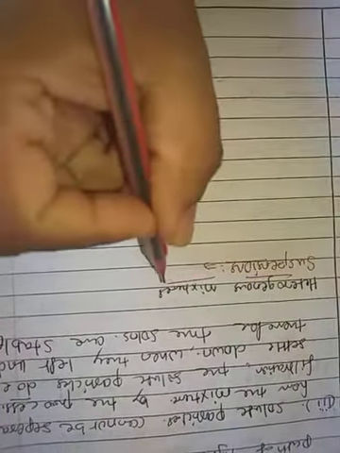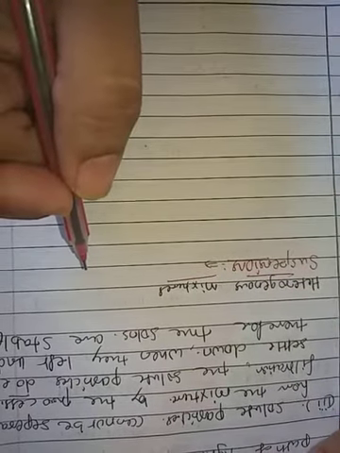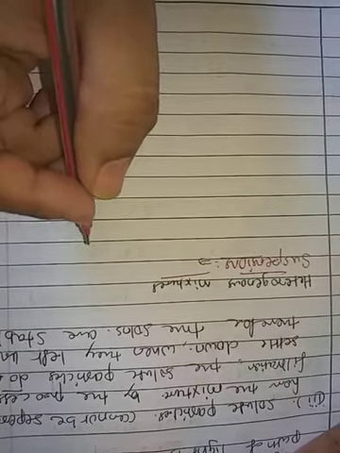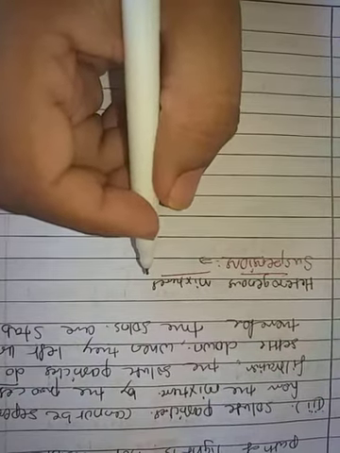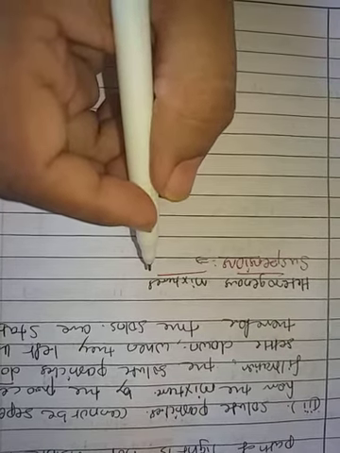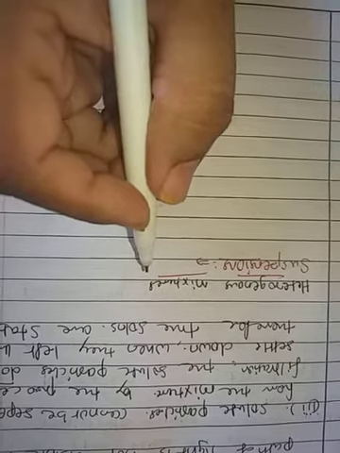So, a suspension is a heterogeneous mixture in which the small particles of solute are spread throughout the solvent without dissolving in it. So what is the main difference from true solutions? In a true solution, the solute particles dissolve completely, but in a suspension, the solute is spread throughout the solvent without dissolving.